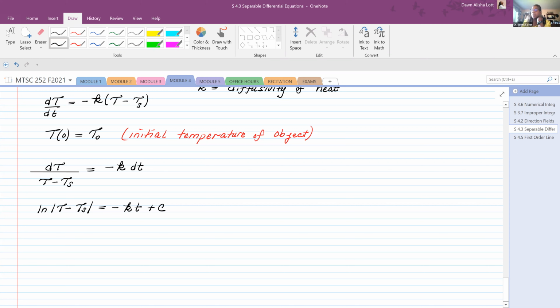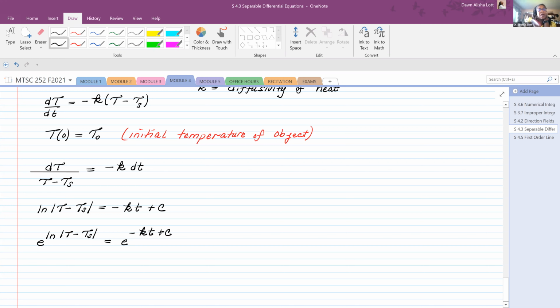Now we make an exponential of it. We get e to the log of the absolute value of T minus TS equal to e to the negative Kt plus a constant.